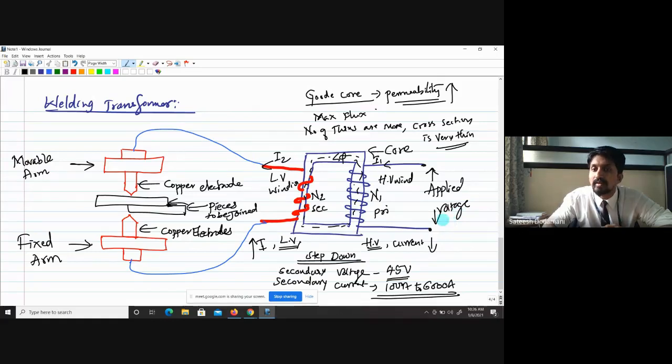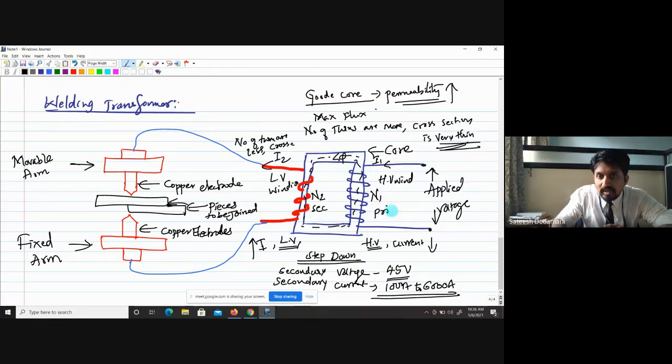So a large number of turns will be used, but very thin conductors. At the same time, on the secondary side the number of turns is less, but the cross section of the conductor, which I have shown thick, is very high.